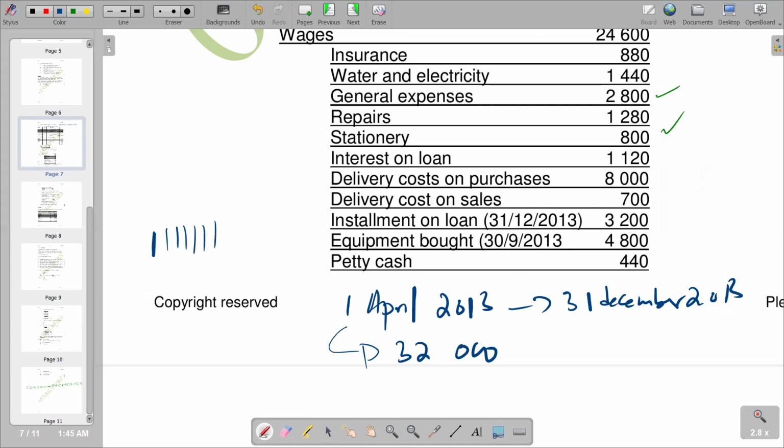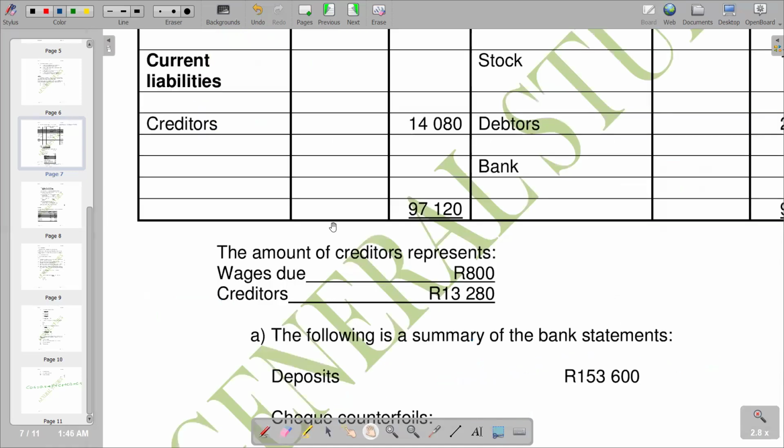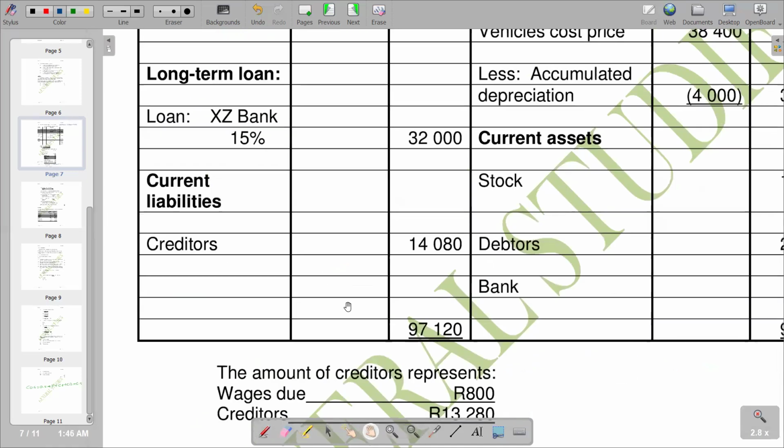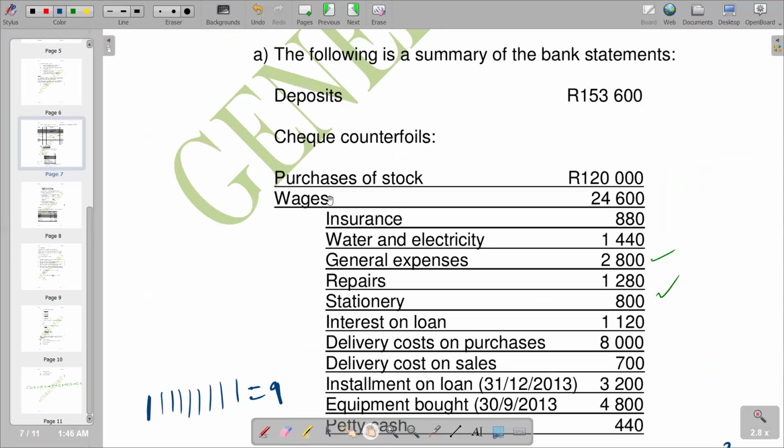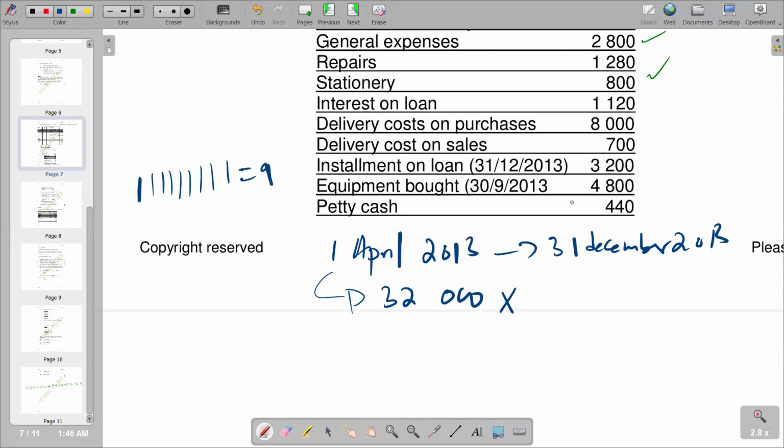So we've got April, May, June, July, August, September, October, November, December. Counting 5, 6, 7, 8, 9, we've got 9 months. This one is 32,000 times the interest on loan, which we are given as 15%. So multiply by 15 over 100, and if you multiply like this, you get the annual figure for 12 months. But we want 9 months only, so we multiply by 9 over 12.